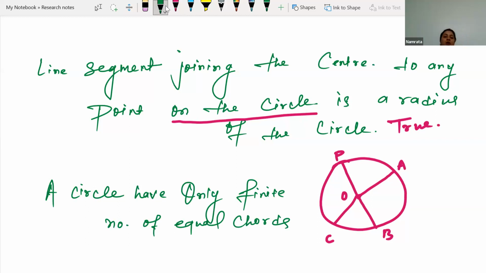And yes, equal chords also we will be able to draw, infinitely many equal chords. It's not saying two equal chords, it's saying how many equal chords we can draw. It's not necessary that it will be finite. An infinite number of chords we will be able to draw. So this is false.